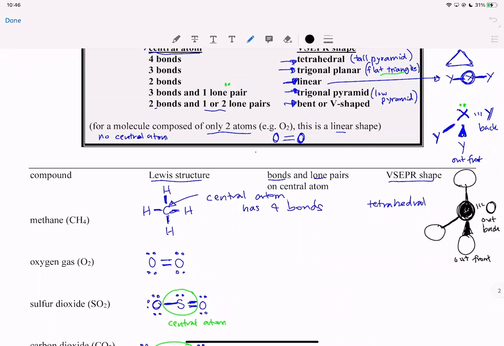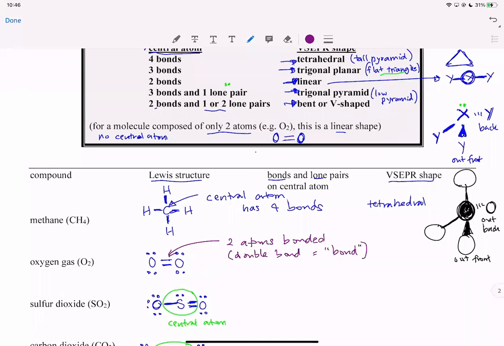So next one is your oxygen gas. Oxygen gas is 2 oxygen atoms, and they are only 2 atoms. So this is 2 atoms bonded, but it is a double bond. And that is okay, because a double bond really just means a bond.